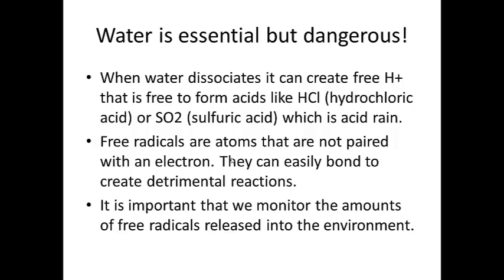So if we've got chlorine floating around and our water dissociates, meaning the hydrogen, there's 2 hydrogen, 1 oxygen, that the hydrogen breaks free, then here we go. We have something that's much more dangerous than just regular water.